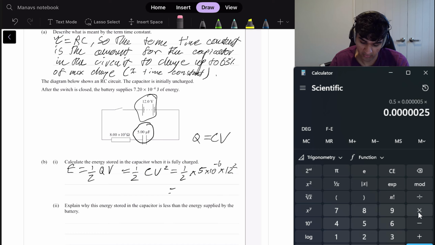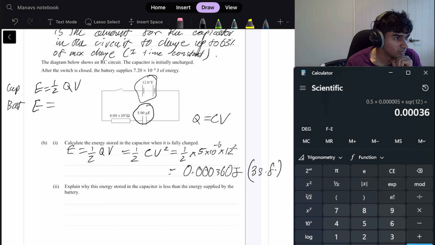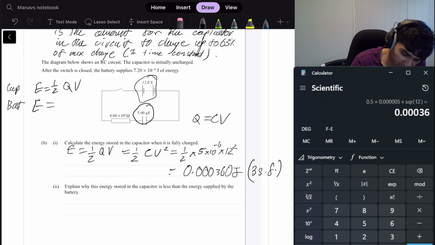You don't need the half for the battery: energy is just technically QV.